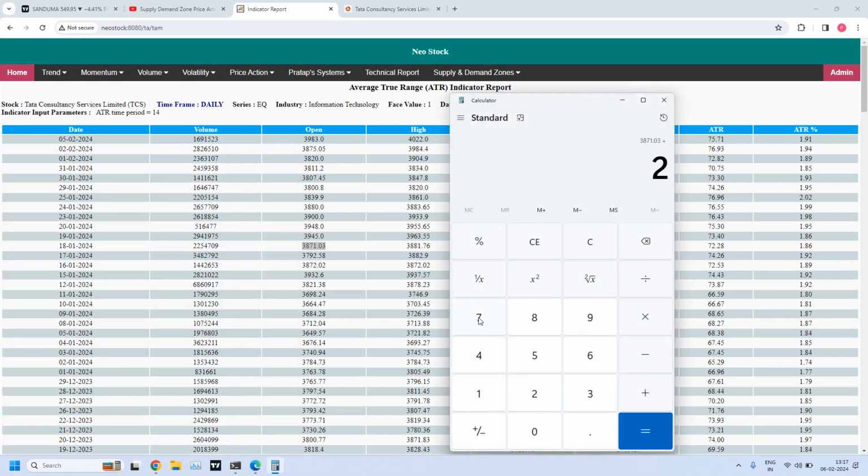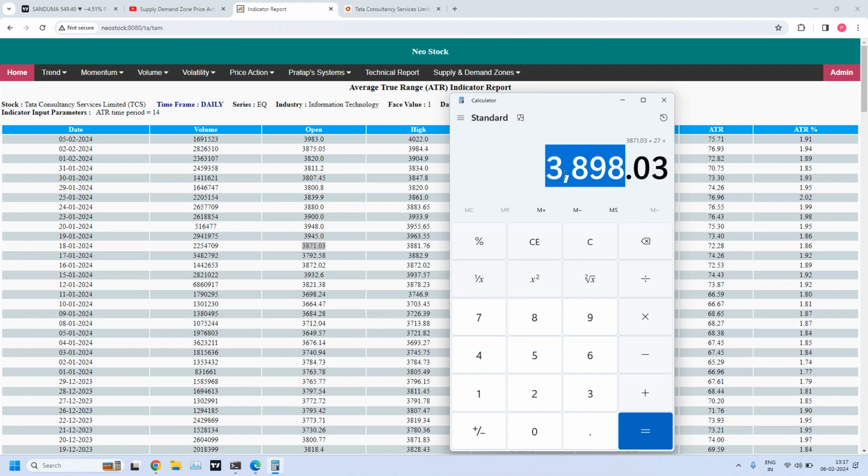If you add 27, you won't get the exact value. You will get the nearest value, because the formula is different. At present I am not discussing the dividend adjustment formula. If I implement the formula, you will get the exact value. Without the formula, you will see some 2-3 rupees difference.